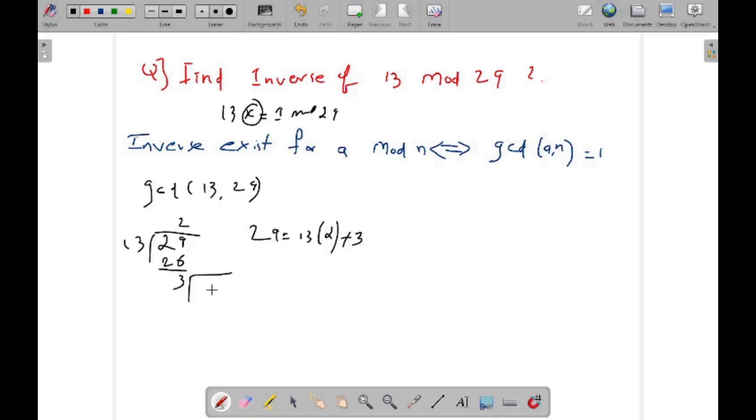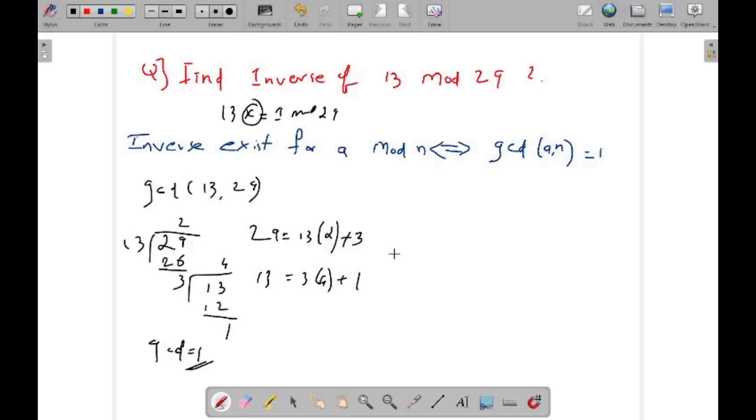At the next stage, 4 into 3 is 12, remainder 1. Okay, GCD is equal to 1. We can write this as 13 equal to 3 into 4 plus 1.